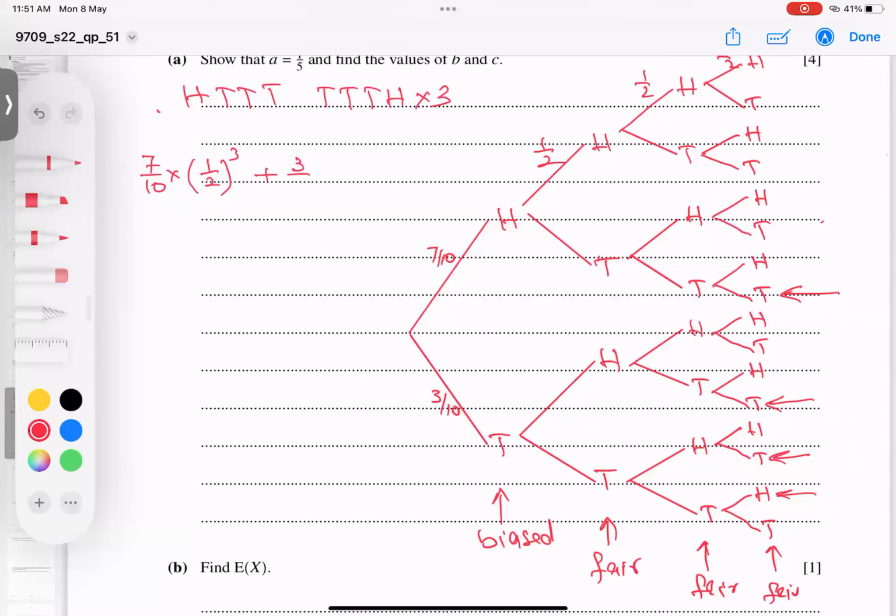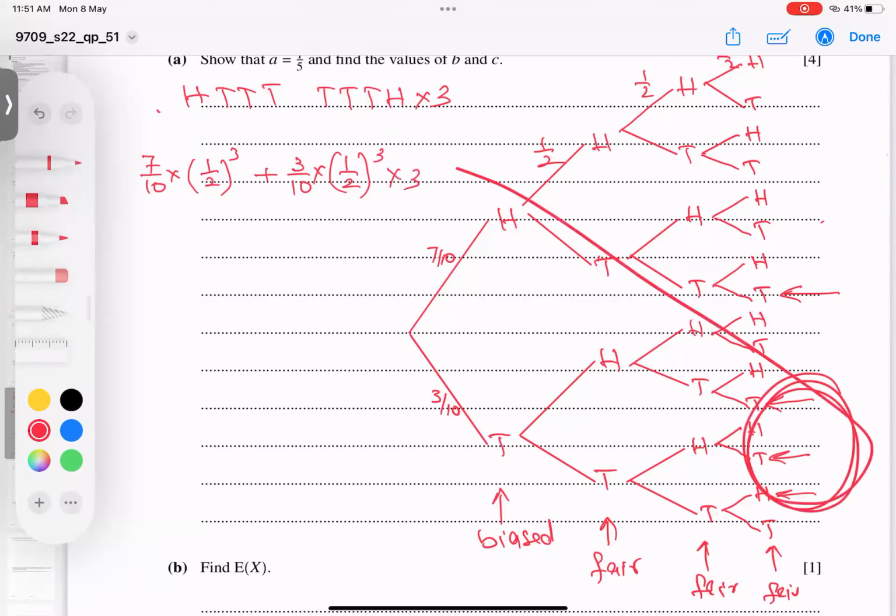So 3 by 10 comes from here. This 3 by 10 I got from the tail. But for your knowledge, tail is half, even head is also half. So half to the power 3. Why power 3? Because it is coming 3 times. Whether tail or head, the answer is 1 by 2. So 1 by 2 into 1 by 2 into 1 by 2 gives 1 to the power 2, into 3, and we multiply by 3 because of these 3 branches.